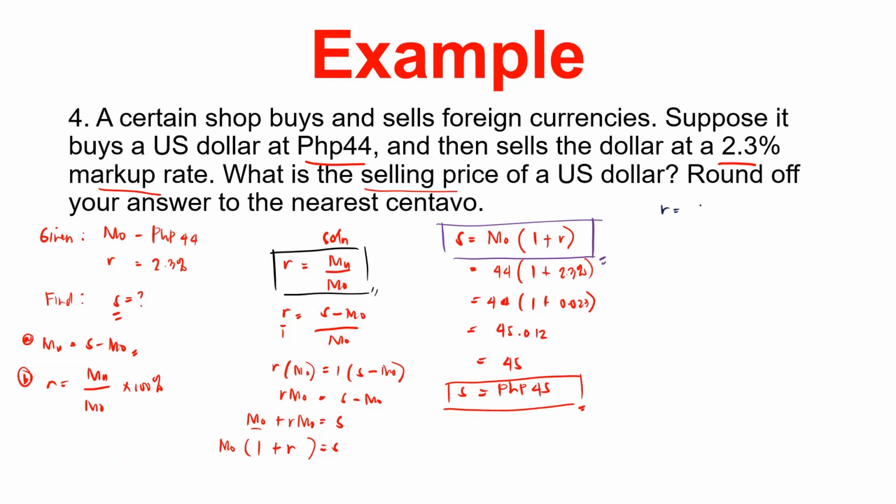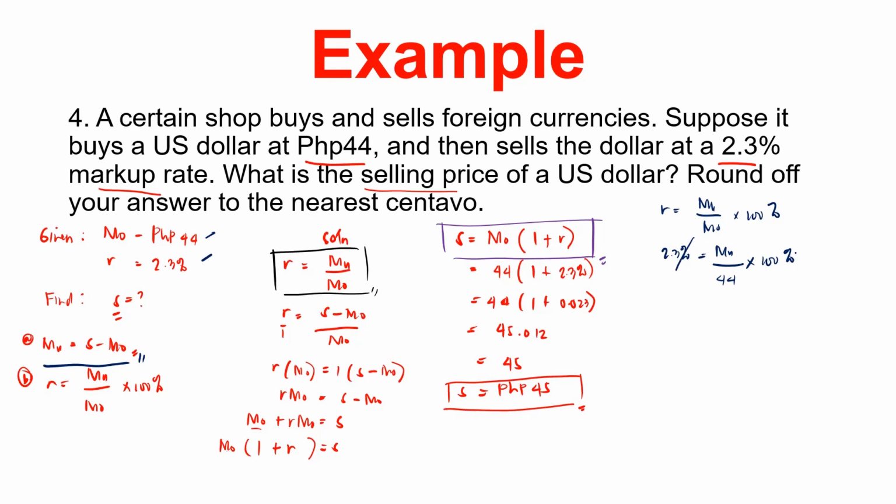We all know that rate is equal to markup all over cost price times 100%. Ang meron lang tayong given is cost price and rate. So our rate is 2.3% is equal to markup. So wala siya. Hinahanap natin siya para makuha natin si selling price. Without derivation ng formula, class, no? So over cost price which is 44 times 100%.